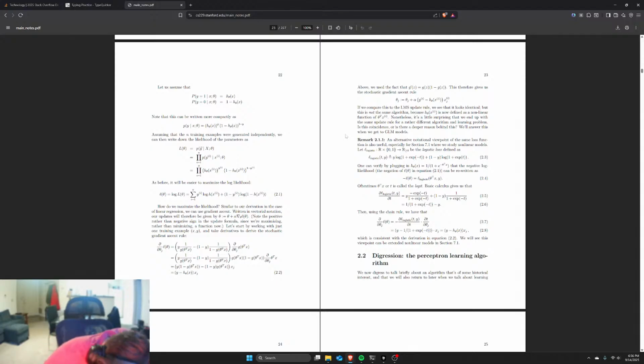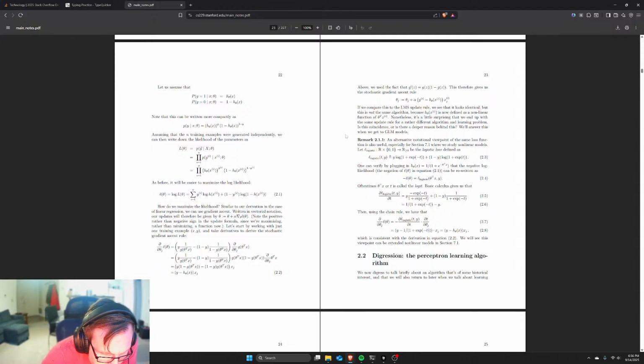It's the probability of y i given a particular x i, I'm going to make sure it's clear that that's a vector, comma theta.